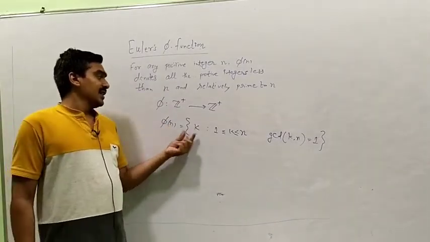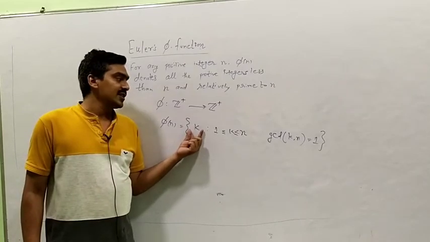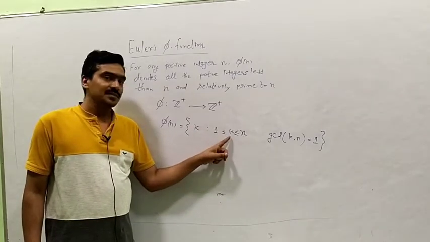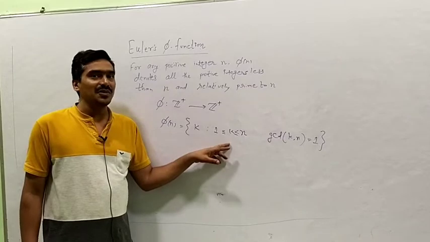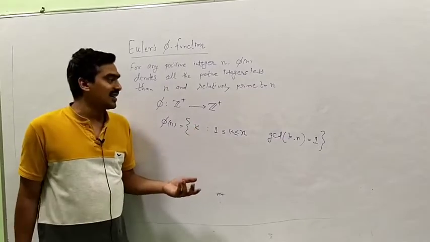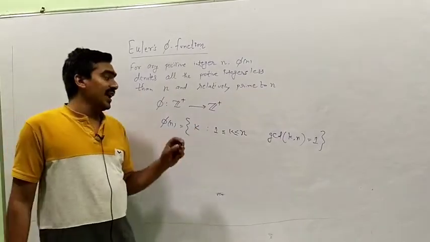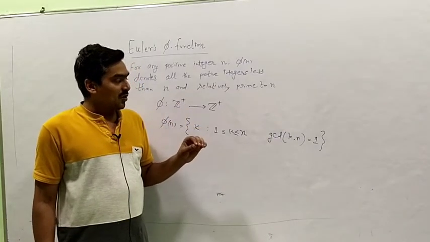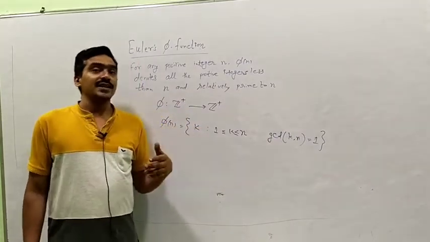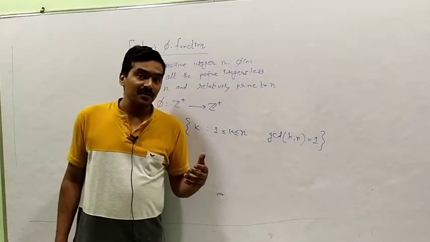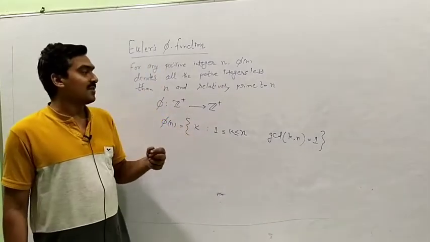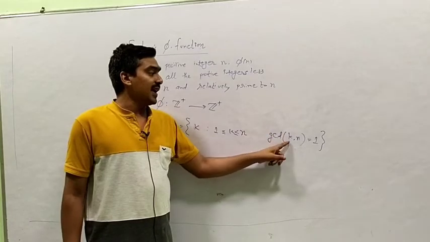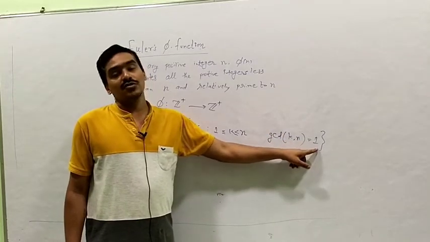That is, it contains all those integers which are less than n, obviously greater than or equal to 1 because k is a positive integer according to the definition, and the greatest common divisor, that is GCD, or we can say HCF, highest common factor, of k and n is equal to 1.